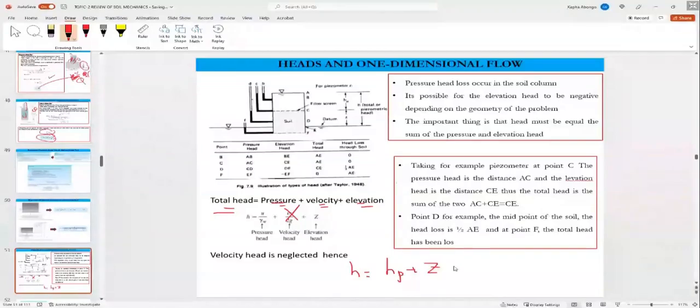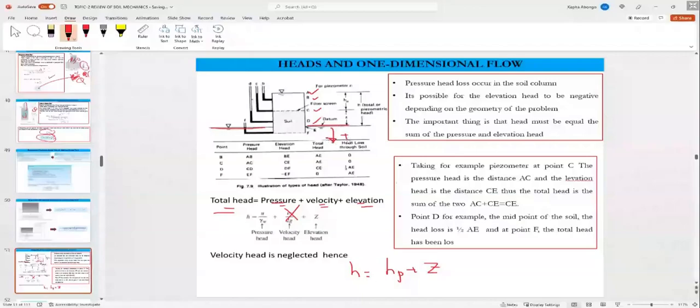Now, suppose water is flowing through this soil. Are you able to get the heads at points A, C, and D? For example, the pressure head, with respect to a datum. If we have a datum here, when we go down inside the water, the head becomes positive.